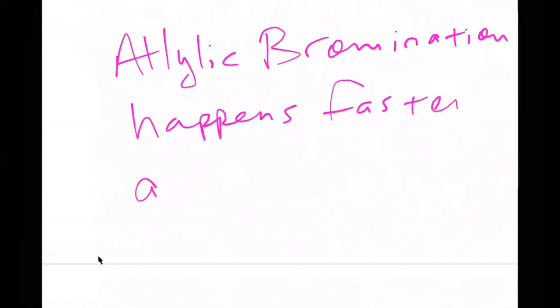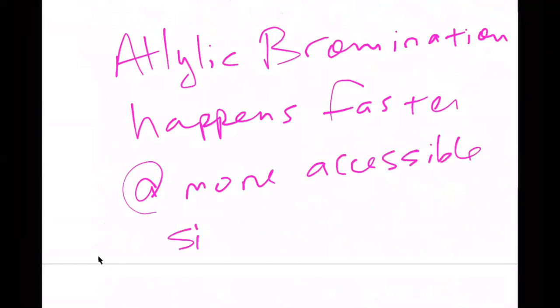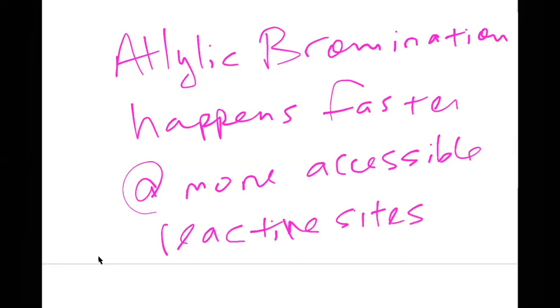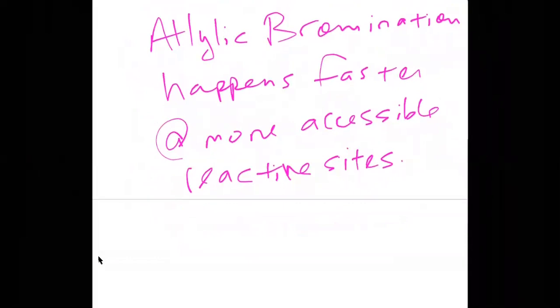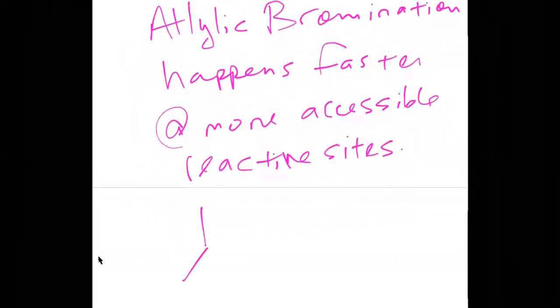So it happens faster at more accessible reactive sites. All right, you're following that? So I'll put in a little example down here too. If you had a radical right here versus a radical here, this will be faster.